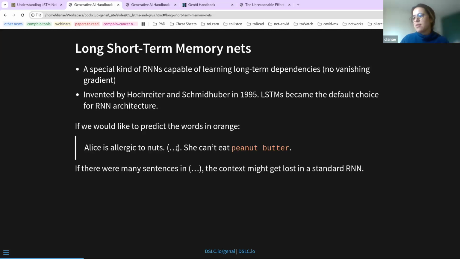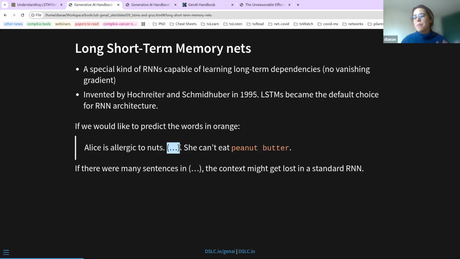And then we have some sentences, and then we have this sentence that says she can't eat peanut butter. We have the context of peanut butter in the fact that this sentence mentions that Alice is allergic to nuts.